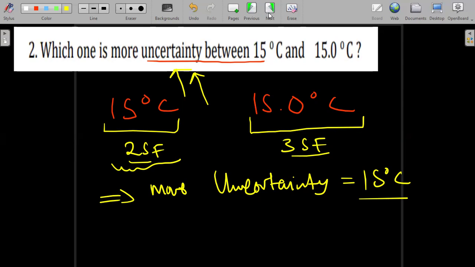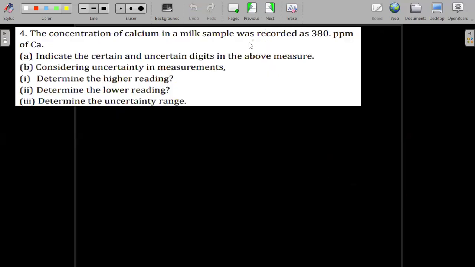All right, so we go to the next question then, which is here. Okay, so the question reads, they're saying the concentration of calcium in a milk sample was recorded as 380.0 parts per million.